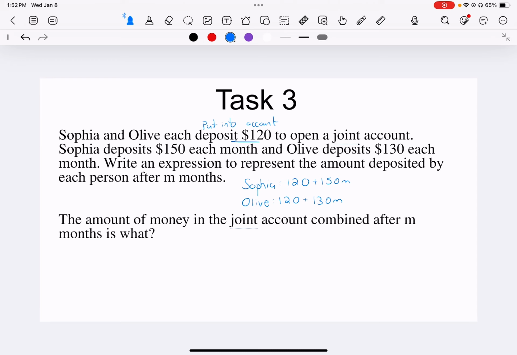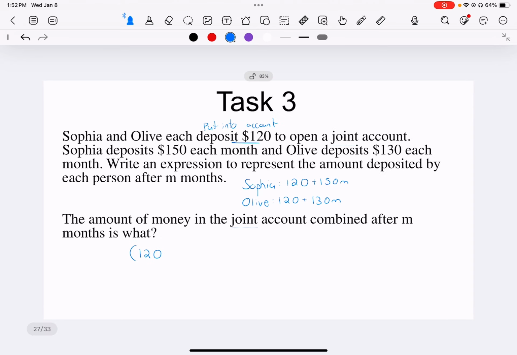The second part wants to know the amount in the joint account combined after m months. So to do that, I'm going to add both expressions. So I'm going to group them in parentheses to make it clear that it's two expressions being added. (120 plus 150m) plus, for Olive, (120 plus 130m).